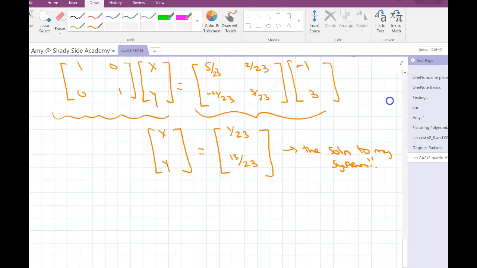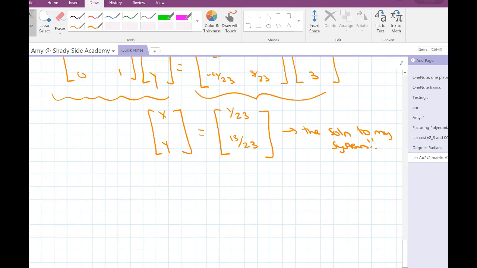Okay, so I'm going to leave you with a couple of questions for homework, and I'm going to ask you a question to think about as well. What do you think I sub 3 equals? In other words, what do you think is the identity matrix in the world of 3 by 3s?